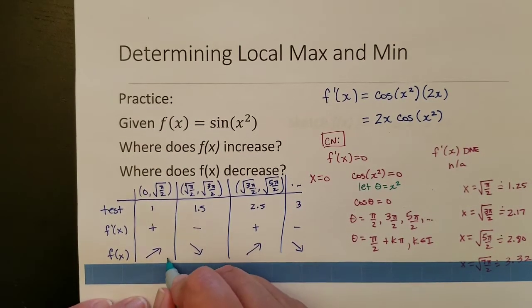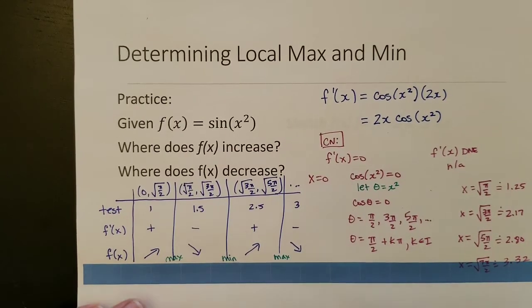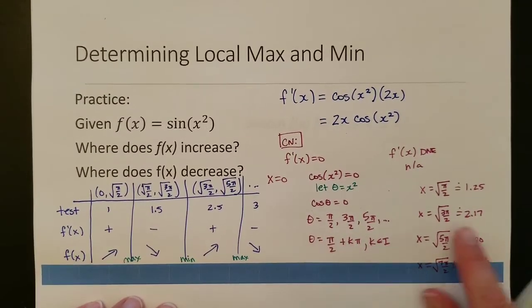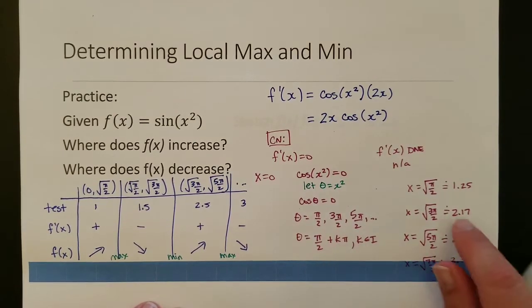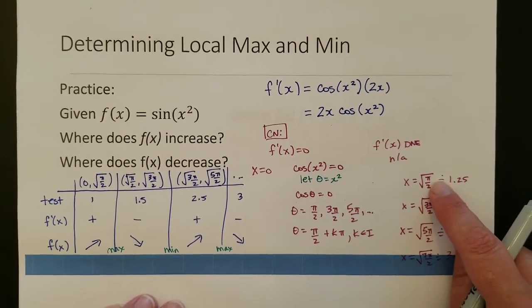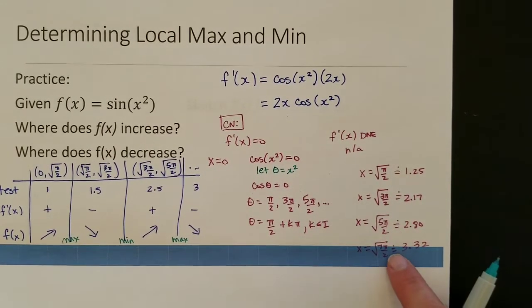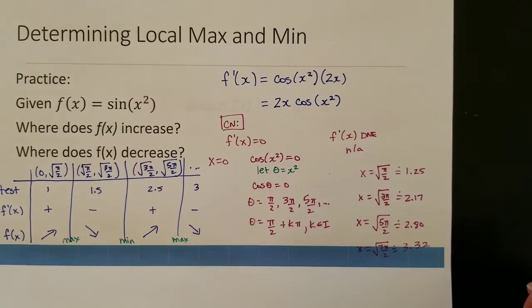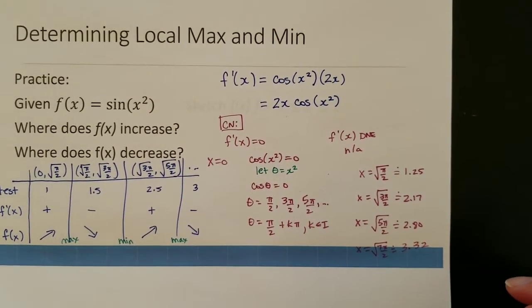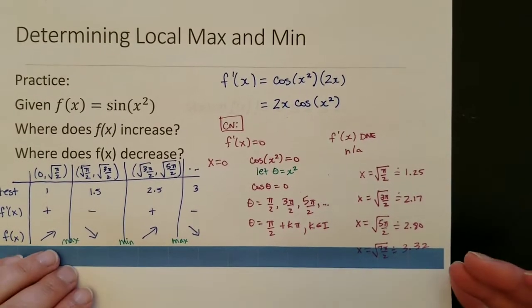So there's going to be a max here, a minimum here, a maximum here. So each of these values, not these ones because we would have to do the square root, so there's going to be a maximum at this one, a minimum at this one, and it's going to keep going in that pattern. A maximum here, a minimum here. So you would be able to pattern it out, adding on pi each time and keeping that square root sign, and you'd be able to get a pretty good picture of that graph.